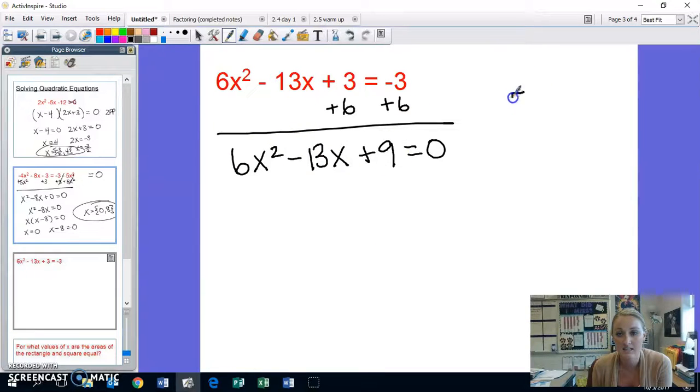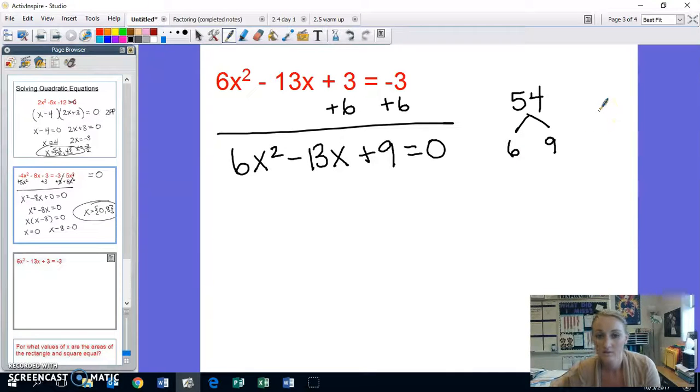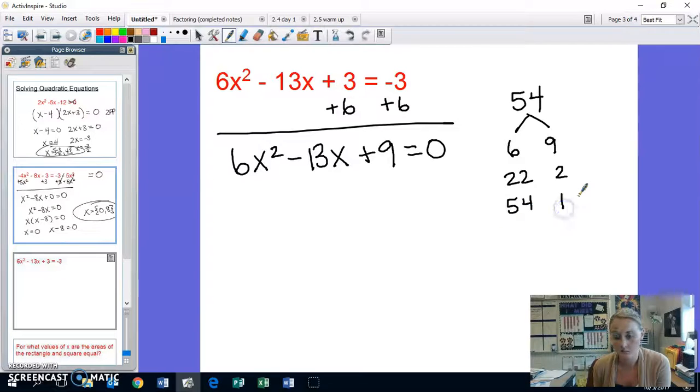Multiply a times c, I get 54. Factors of 54 that add to 13. 6 and 9, but that doesn't add to 13. 54 divided by 2 would be 22 and 2. That's not going to work. 54 and 1, that's not going to work. Let's check out some other factors here. If you've already figured yours out, that's great.